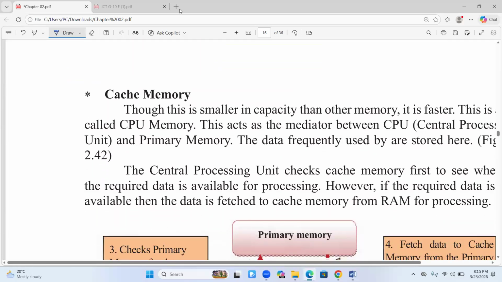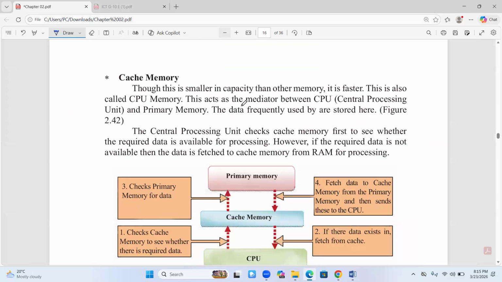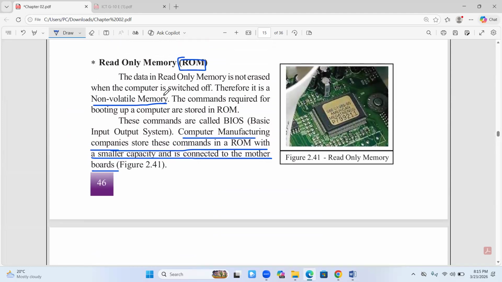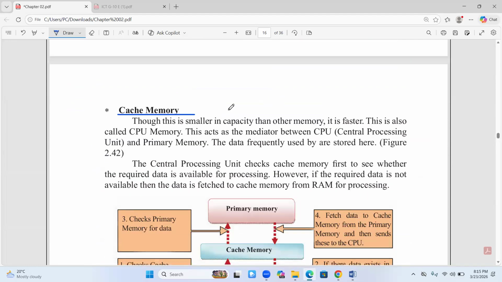Then we also have a memory part in the main memory called cache memory. It works as a mediator between the central processing unit and the main memory of the computer. It has a smaller capacity than other memory, but it is much faster than the other two memories, that means RAM and ROM.